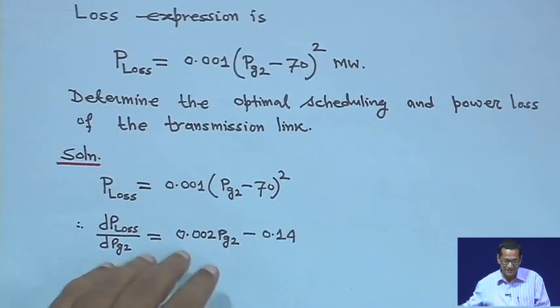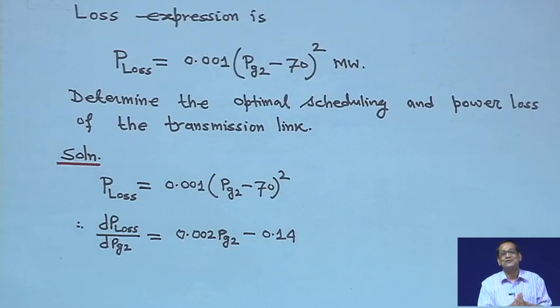When we solve this problem, nonlinear equations will come and it cannot be solved directly. So for this example I will take some trial and error values and show you how to solve it.